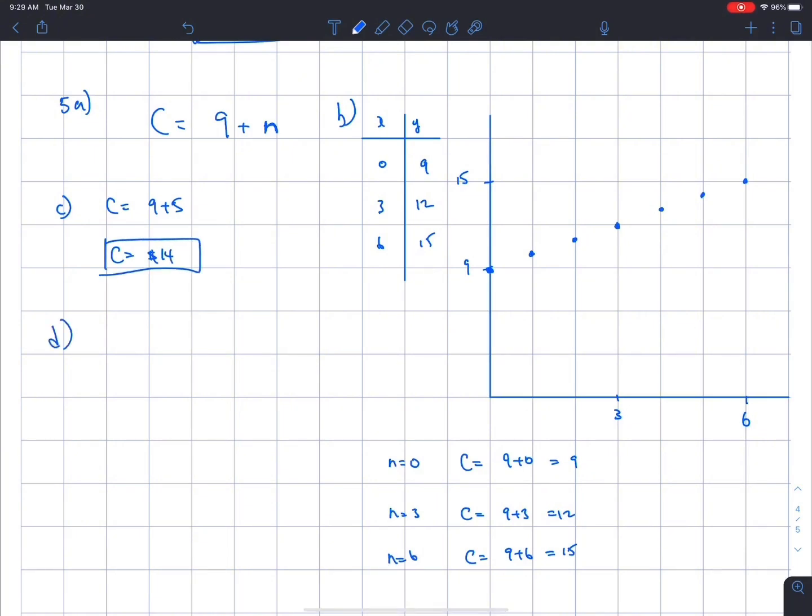D. Find the number of toppings if the pizza is $12. So 12 equals 9 plus n. We can move the 9 to the left-hand side, so it becomes negative, and we get n equals 3. This is a 3 topping pizza. Okay, that's it for question 5. Moving on to question 6.